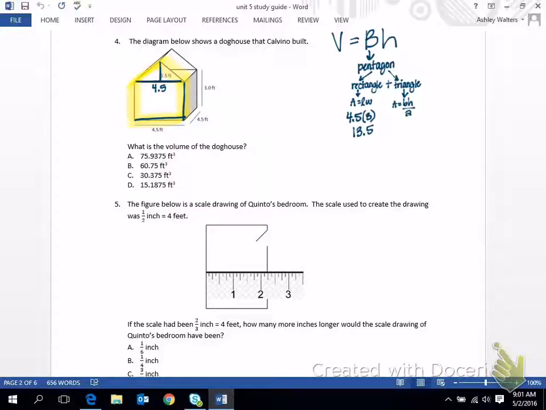So that'll be 4.5 times 1.5 divided by 2. 4.5 times 1.5 gives us 6.75. And when you divide that by 2, you get an area of 3.375.